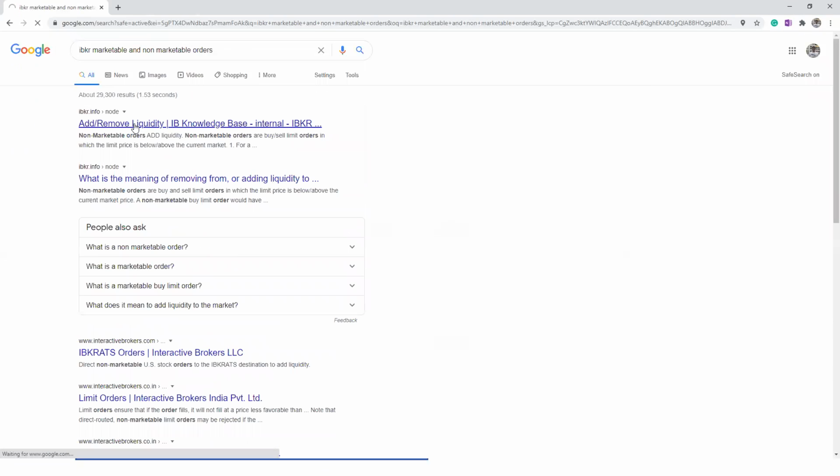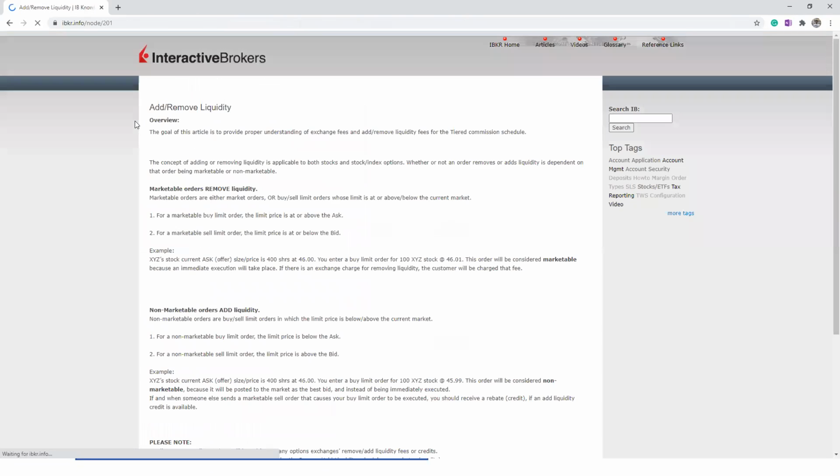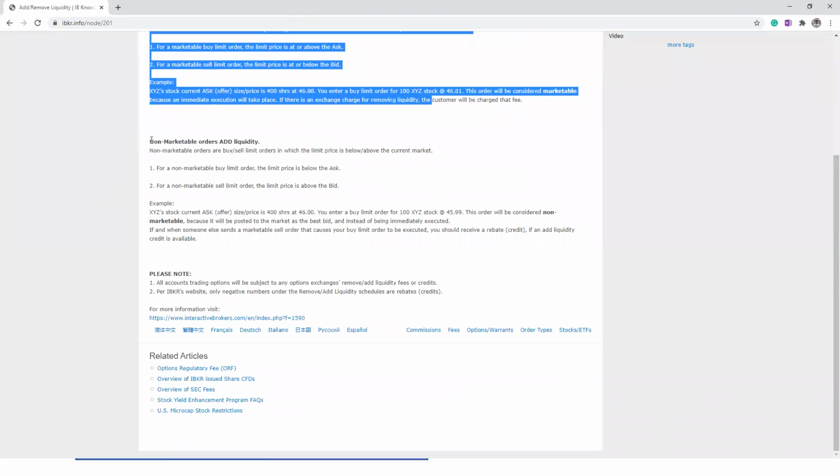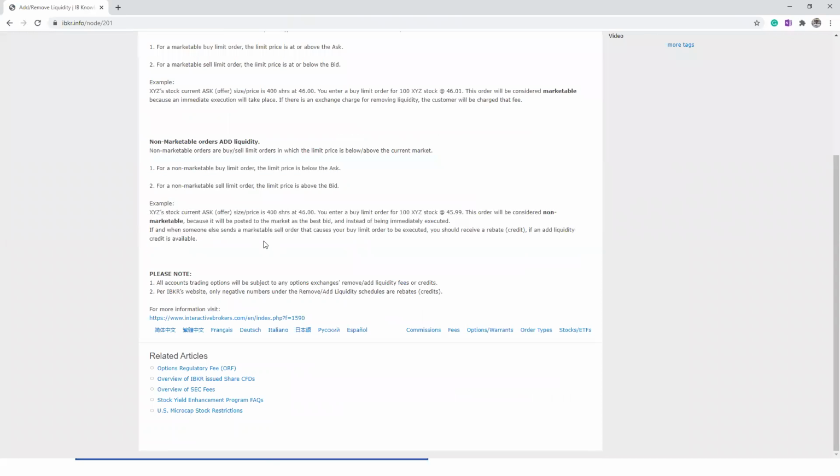Add or remove liquidity. This block will help you to understand what is a marketable order and what is a non-marketable order. Sometimes you put a limit order, right? Let's say the current market price is at 100 and you're putting a buy limit order at 102.